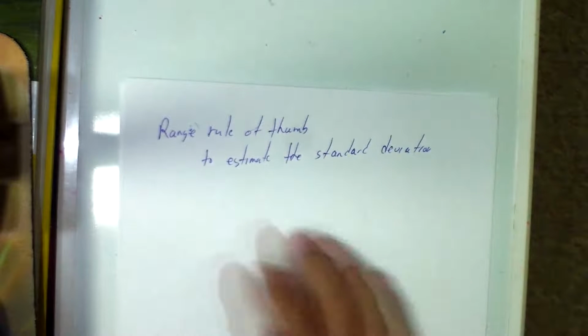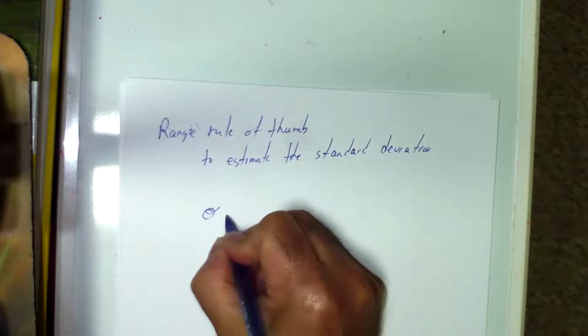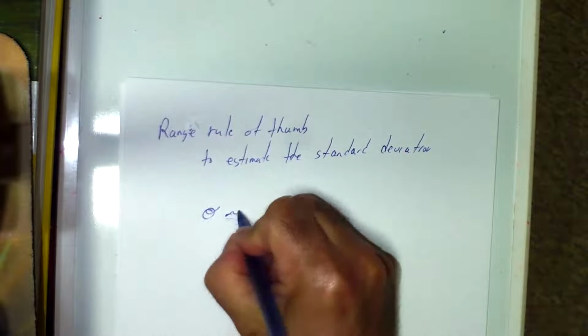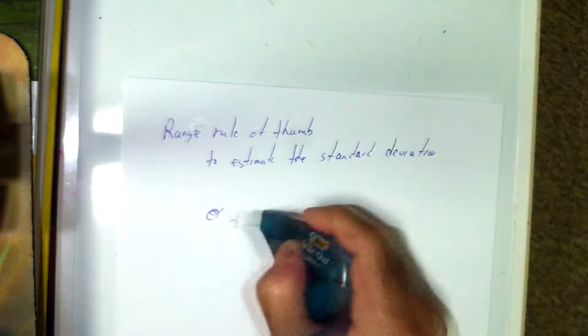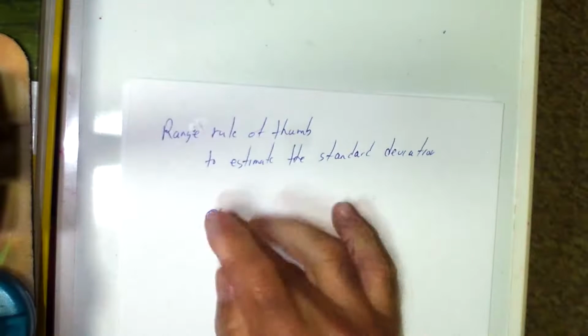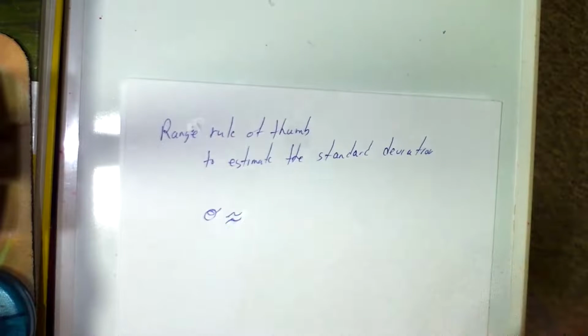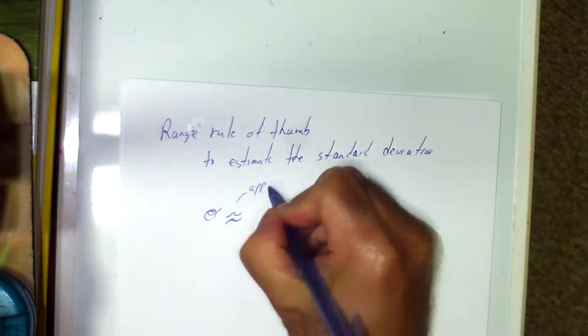Right. There's a formula that you can use. So the formula for it is sigma, not equals, but I should put these little wavy lines. You all know what these little wavy lines are? They look like a wave. This is the approximate symbol.